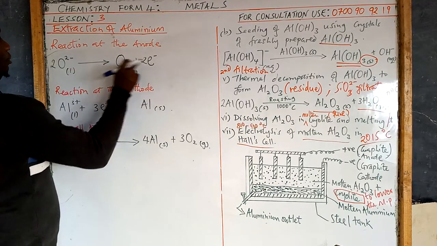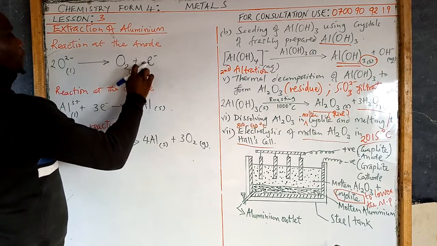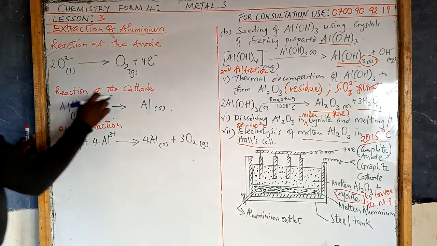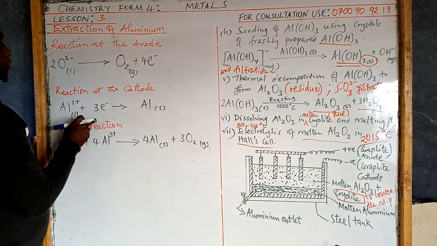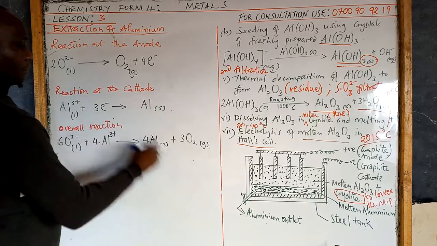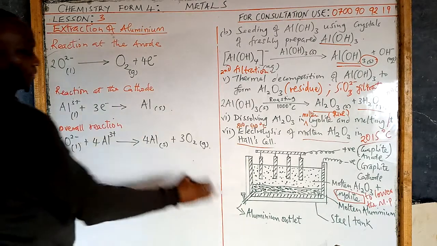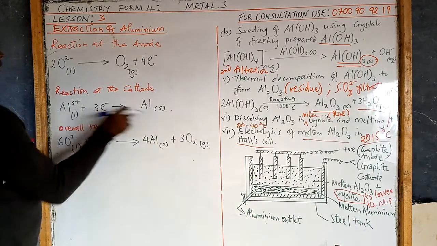So if one ion loses 2 electrons, then 2 ions will lose 4 electrons. Then the reaction at the cathode, aluminium ions gain electrons, forming aluminium atoms, which is now the liquid aluminium there. Because of the high temperature, the aluminium formed will be in liquid form, like that.